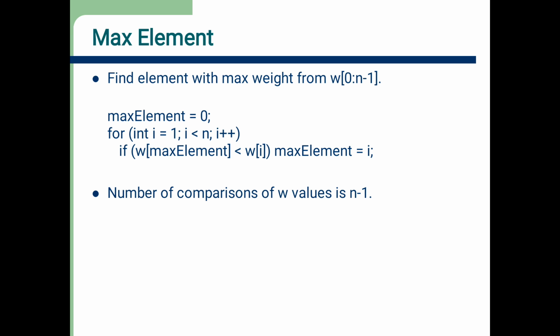And the recurrence for the worst case is T of n equals T of 1 plus T of n minus 1 plus n, and so on. If we put n minus 2, we keep expanding it like that.